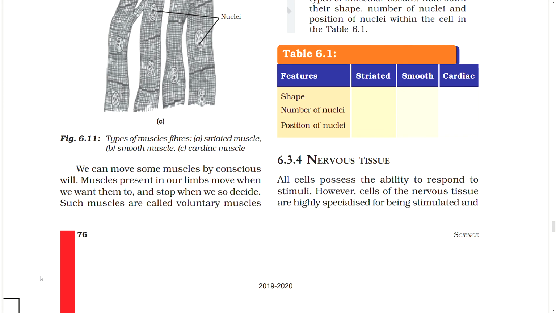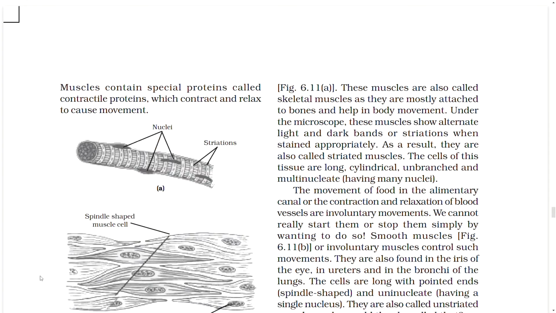We can move some muscles by conscious will. Muscles present in our limbs move when we want them to and stop when we so decide. Such muscles are called voluntary muscles, figure A. These muscles are also called skeletal muscles as they are mostly attached to bones and help in body movement.